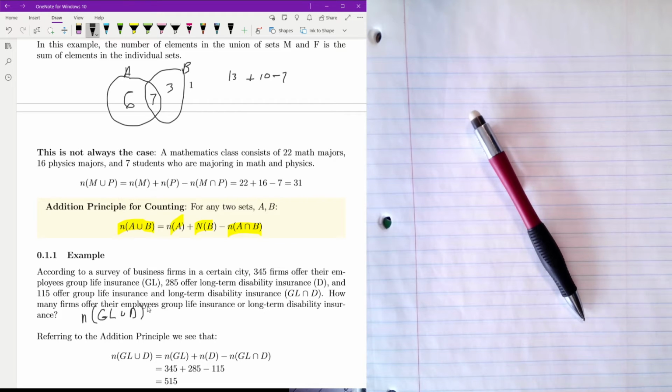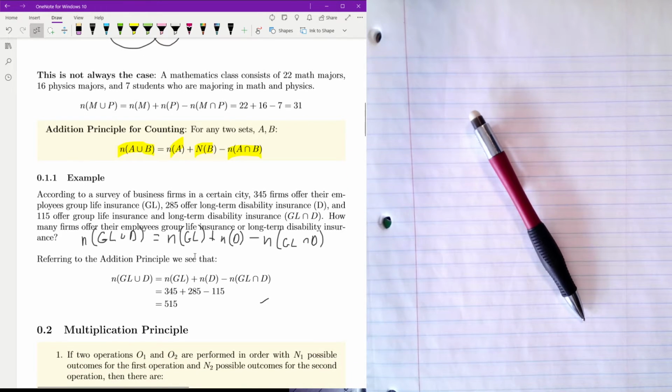And we refer back to the addition principle, which is just above us, and that equals the number in GL plus the number in D minus their intersection. Which is exactly what we're showing here. So if we do that, we end up with 515.